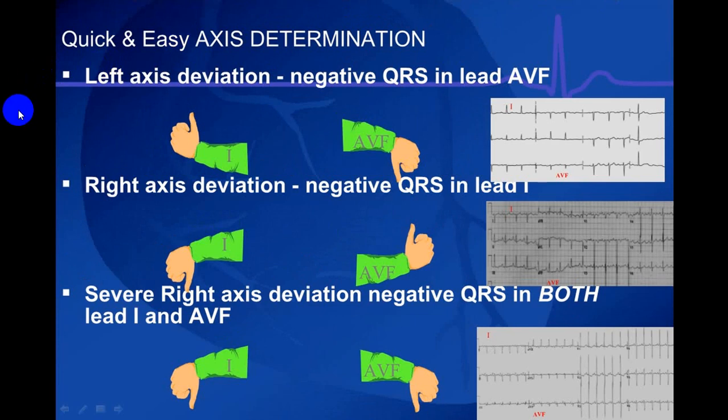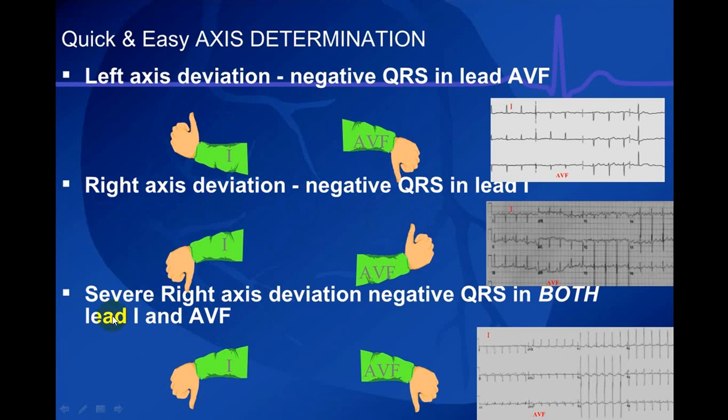Now, utilization of the AVR axis. Normally we say that if the QRS complex is negative in lead AVF and positive in lead 1, it is a left axis deviation. If in lead 1 the QRS complex is negative and in AVF it is positive, we call it right axis deviation.